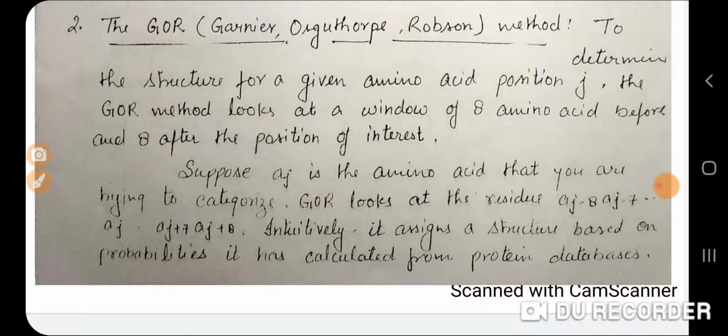How did they calculate this? They studied the propensities. They selected lots of protein structures, solved so many of them, and on the basis of that they confirmed that whenever these amino acids fall in the ninth box of the window, it means it consists of alpha helix.